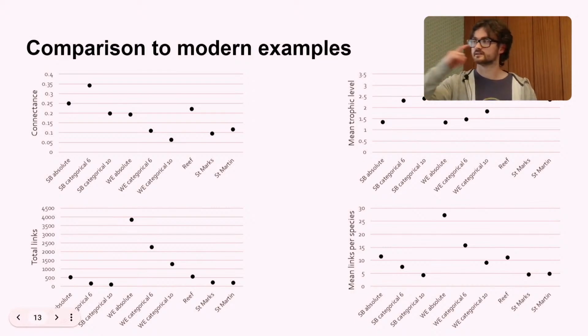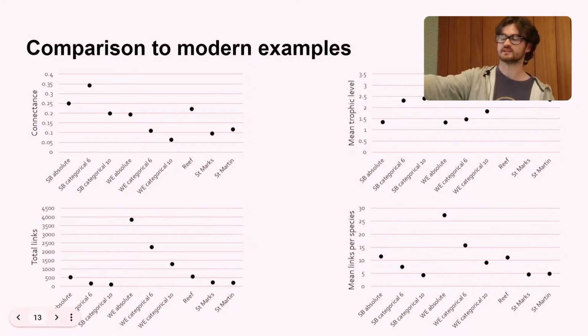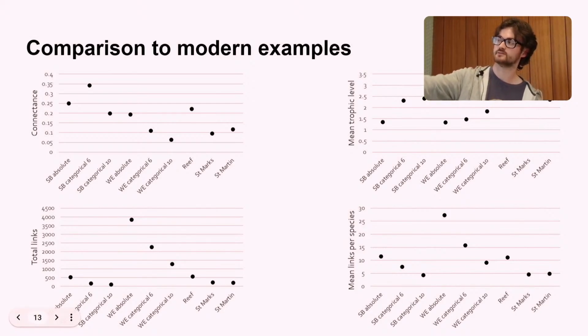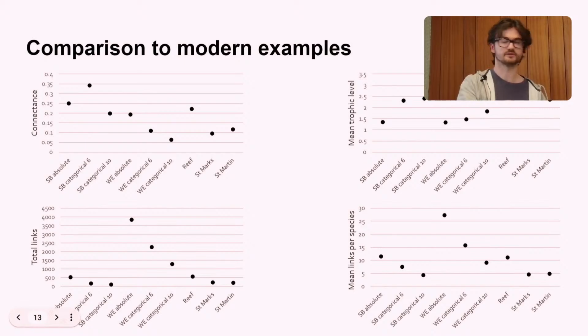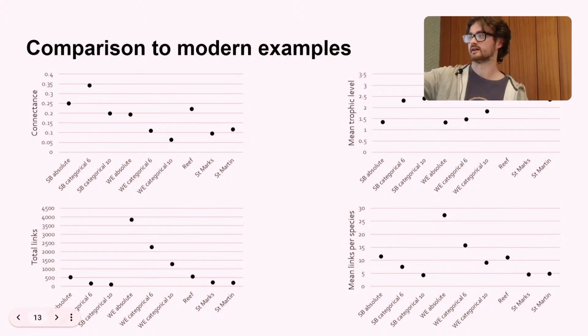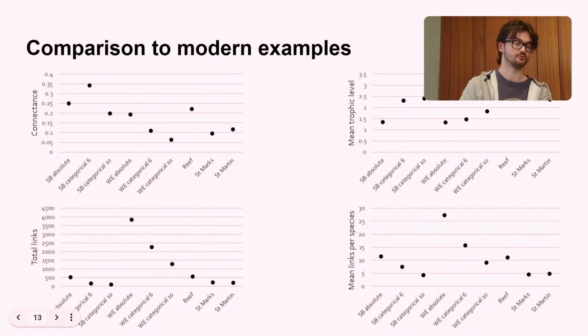For total links, something to say here is that the Western Europe webs had more organisms in the dataset, whereas Strawberry Bank and the modern examples all had a pretty similar level.